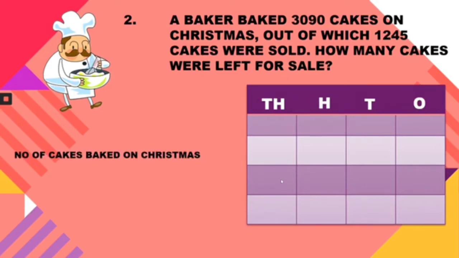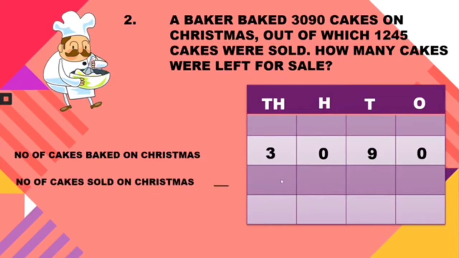Number of cakes baked on Christmas were 3,090. Number of cakes sold on Christmas minus 1,245. We start solving the sum from the ones column. Now, 5 is greater than 0. So we borrow 1 from tens place, leaving behind 10 at ones place and 8 at tens place.